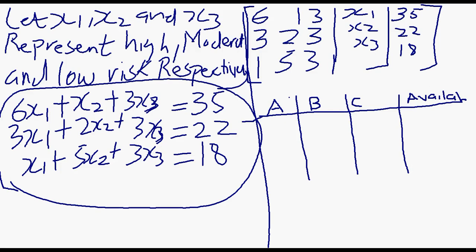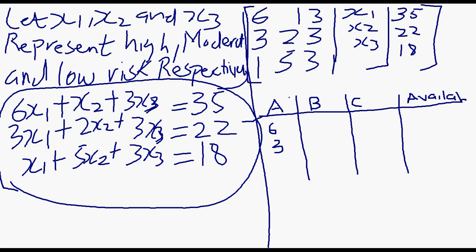So in portfolio A, what were we having? We were having 6 blocks of high risk, 3 moderate, 1 low risk.